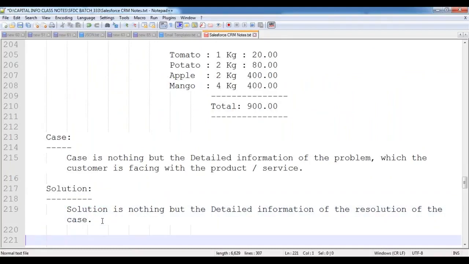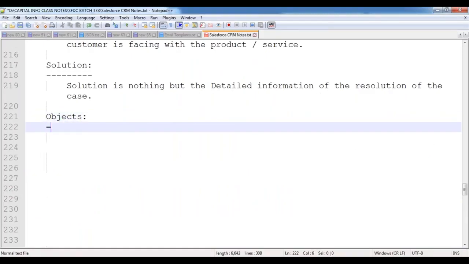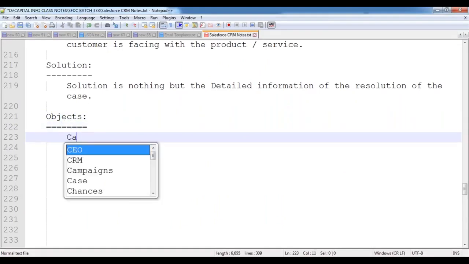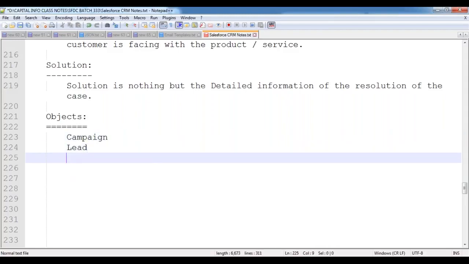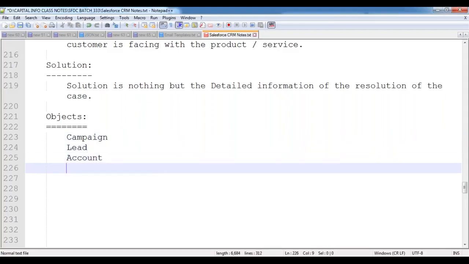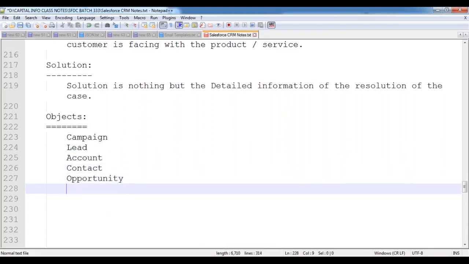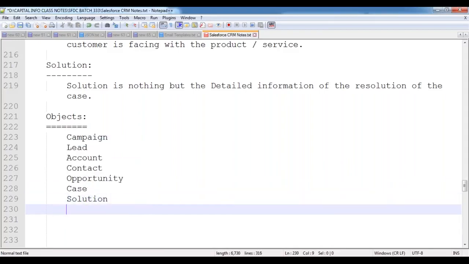Now whatever terminology we have discussed so far as part of the CRM life cycle, these are all called objects. We have used the campaign object, lead object, account object, contact object, opportunity object, case object, solution object.